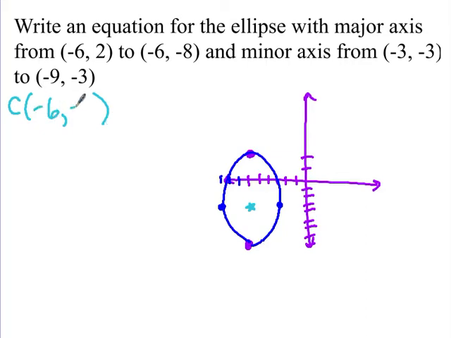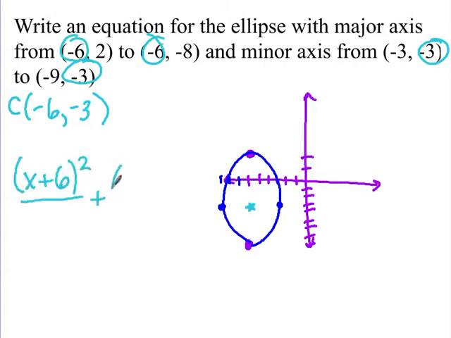Now this is the nice thing. Since they gave us both the major and minor axis, this is going to be your x coordinate, and this is going to be your y coordinate. Okay? So my equation: x plus 6 quantity squared plus y plus 3 quantity squared equals 1.